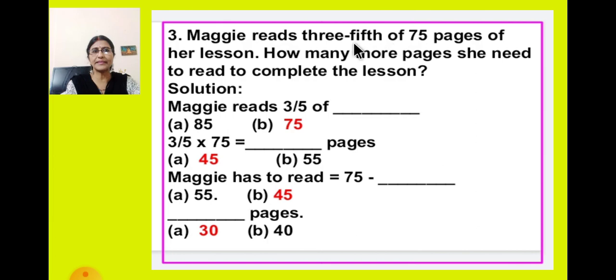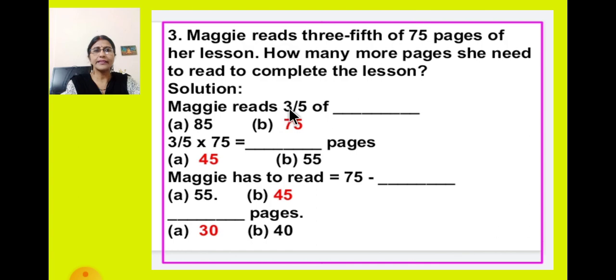She has completed 3/5 of 75 pages. So the number of pages is equal to 75, the total number of pages in the book. This way the statements also will be given. You have to just fill in the blank. You have to understand the question, and accordingly you will fill looking into the options.